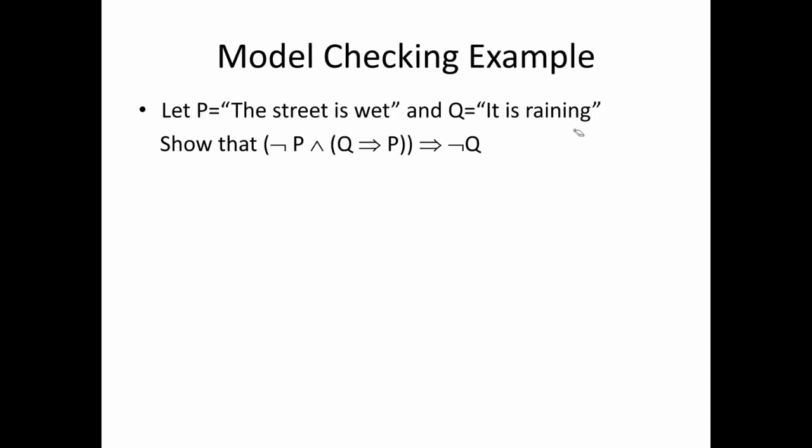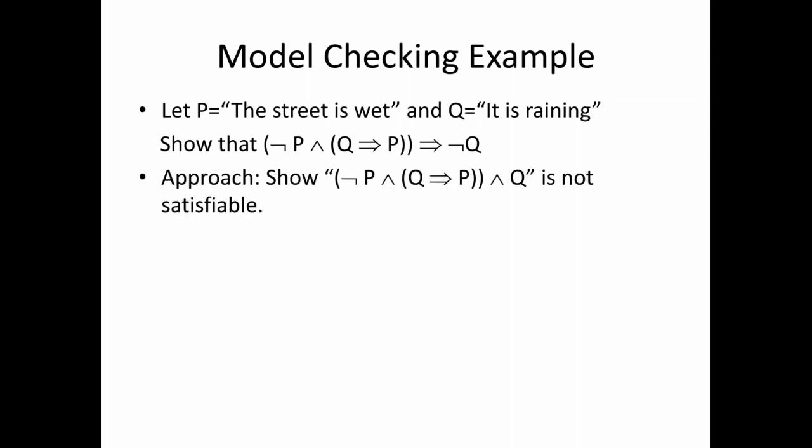So let's suppose we have two symbols, P and Q, each representing the street is wet and it's raining. And suppose we want to derive a new piece of information saying not P and Q implies P, the whole thing implies not Q. We're going to show that the negation of this sentence is not satisfiable.